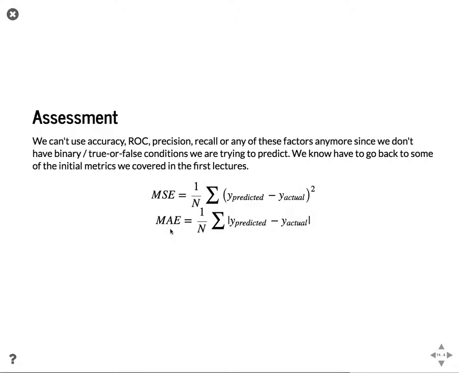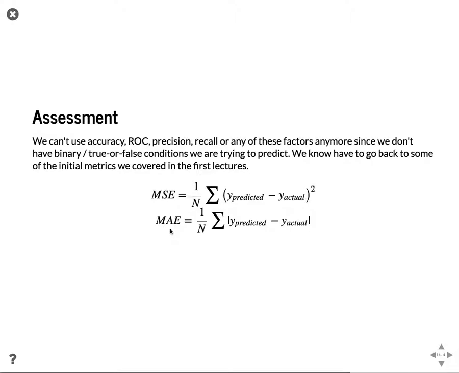Calling a dog a cat or calling a dog a fish is probably the same. It's not very inaccurate, or it doesn't matter too much. So those categories are kind of equal. Whereas if you have a regression problem, the further off you are, the more penalized you get. And as you said, if you have the MSE, then it really penalizes outliers.